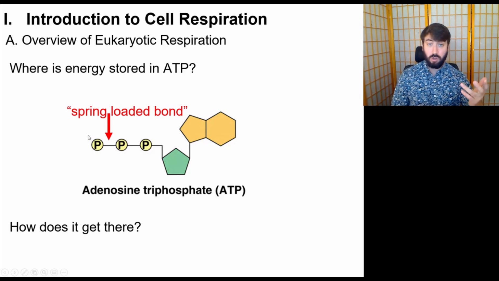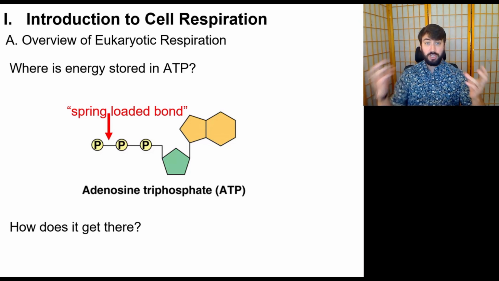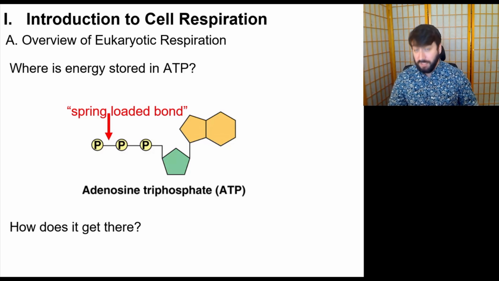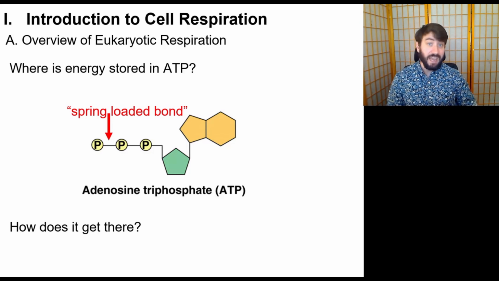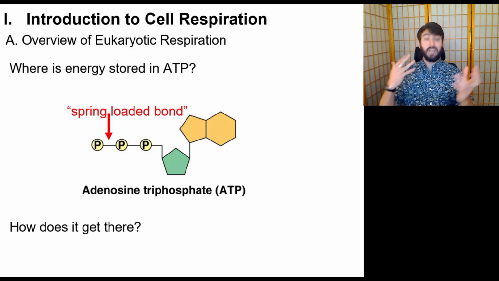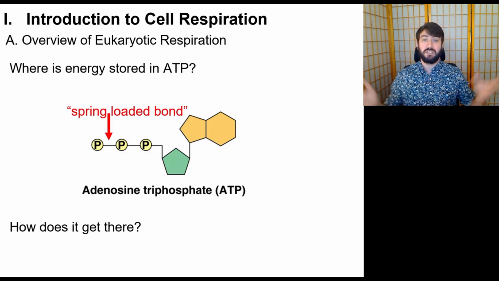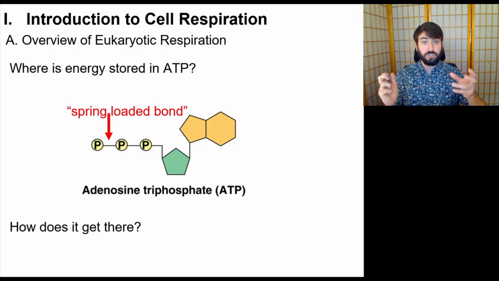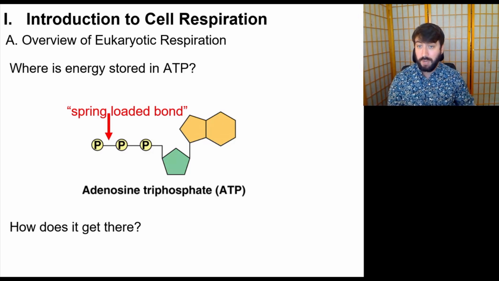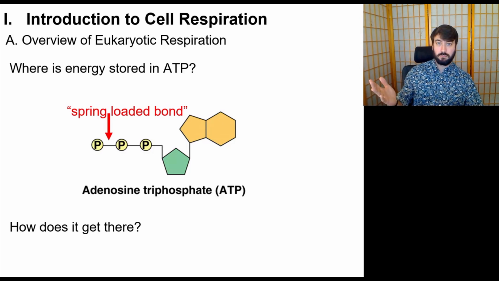So ultimately, what cellular respiration does is recreate that bond, or phosphorylate an adenosine diphosphate. So that's our ultimate goal of this whole process, reattaching a phosphate onto an adenosine diphosphate and recreating that spring-loaded bond.